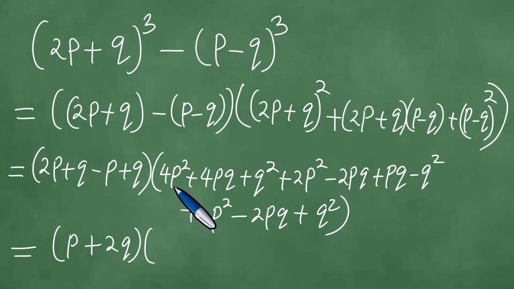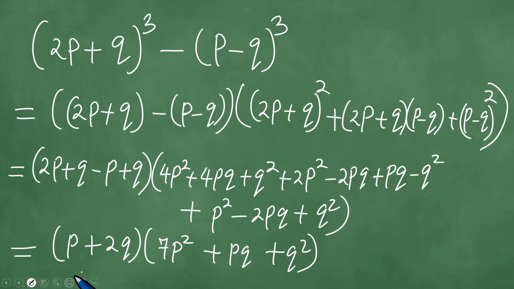We have 4p squared plus 2p squared, which is 6p squared, plus p squared, which is 7p squared. We have 4pq minus 2pq, which is 2pq, plus pq, which is 3pq, minus 2pq, which is exactly pq. We have q squared minus q squared, which is 0, plus q squared.